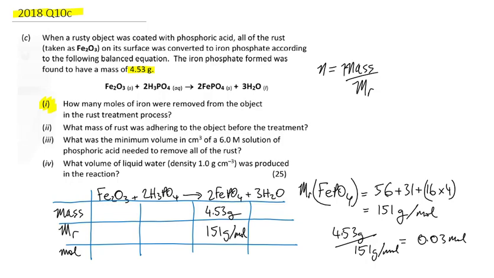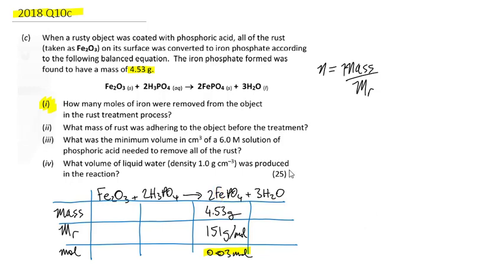So we put that into our table, 0.03 moles. And that's our answer for the number of moles of iron. It's 1 mole of iron in 1 mole of iron phosphate.